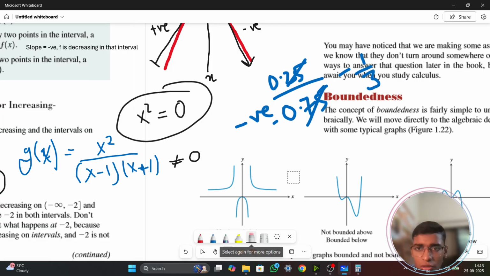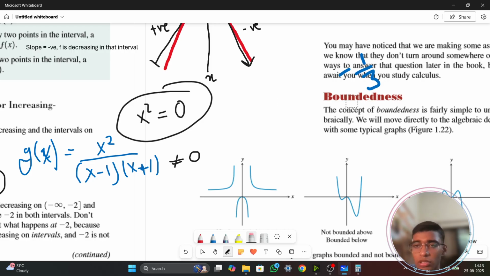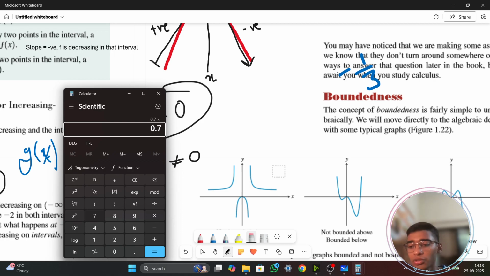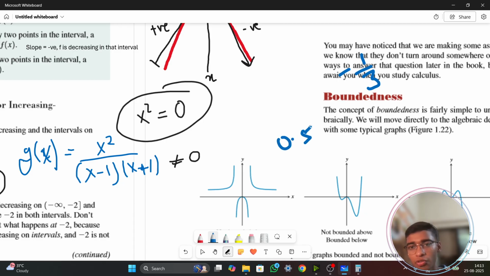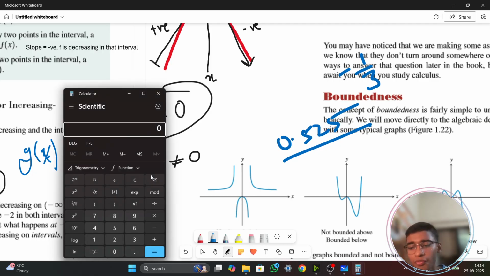So this is the first thing which you are getting. It's a negative value. Now put some value which is greater than 1 by 2, so I can put 0.75. Let's do it fast forward. 0.75 into 0.75 will give me 0.5625, and I need to divide by 1.75 into negative 0.25, that is 0.4375.